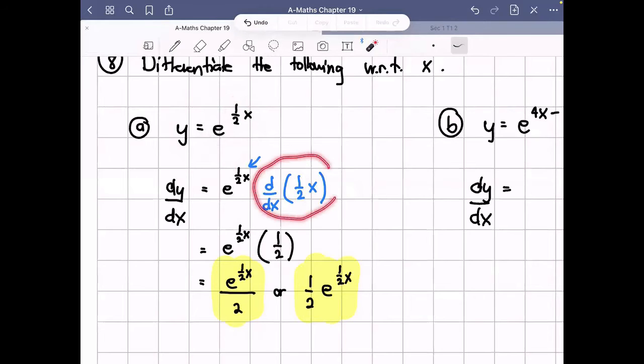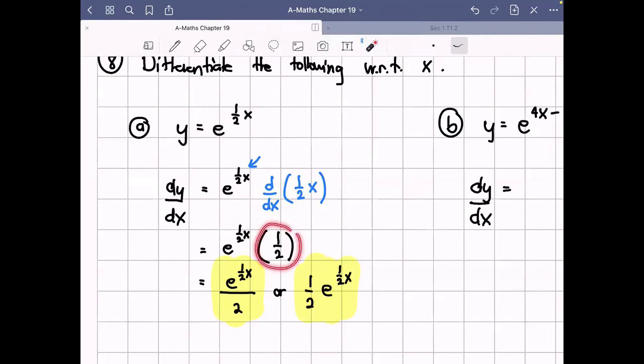What I did here is get the derivative of half of x. That's why I got e raised to 1/2 of x times 1/2, because the derivative of 1/2 x is 1/2. Then just multiply the two. Therefore, your answer is this one or this one, but they're basically the same thing for letter A.